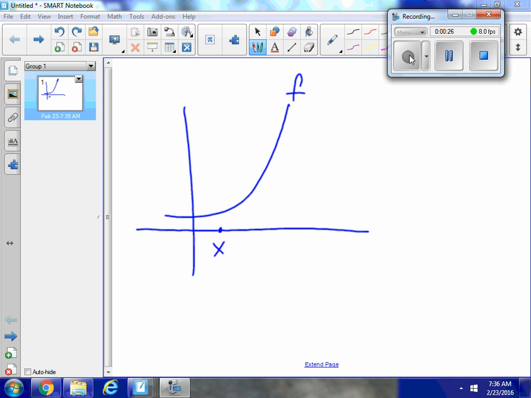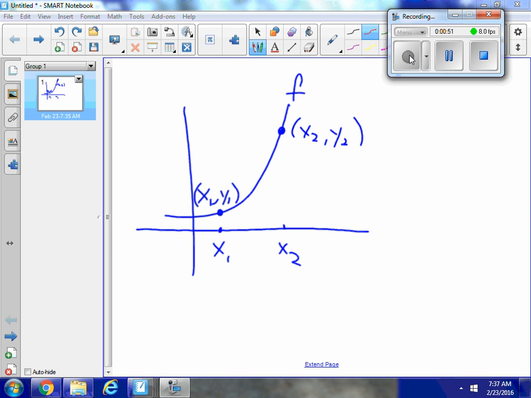I'm going to call this point x1, and I'm going to call this point here x2. So on my curve right here, I have 2 points. I have x1, comma, y1, and I have x2, comma, y2.